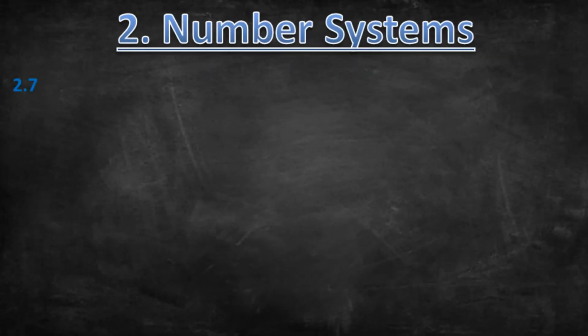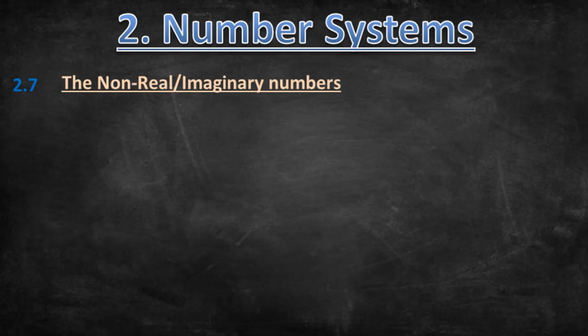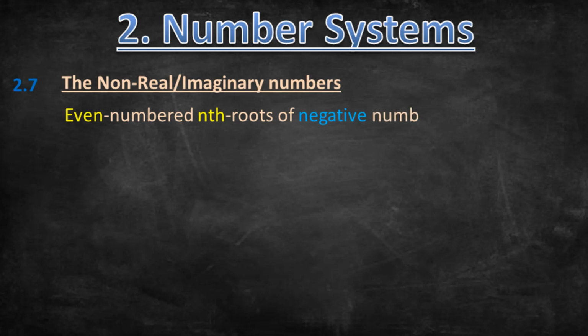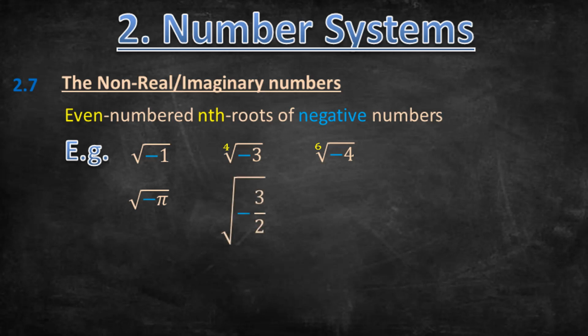The last number system that we want to look at are the non-real or imaginary numbers. These are even numbered nth roots of negative numbers. For example, the square root of negative 1, the fourth root of negative 3, the sixth root of negative 4, etc. It can also include the square root of negative pi, in other words, the square root of a negative irrational number, and the square root of negative 3 over 2, which is the square root of a negative fraction, and the square root of a negative decimal.